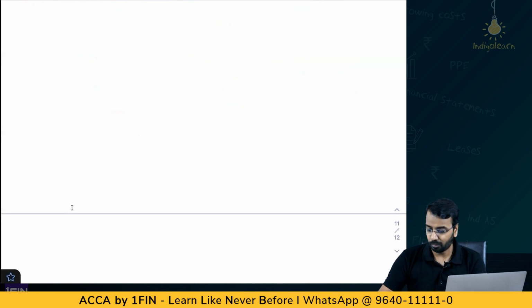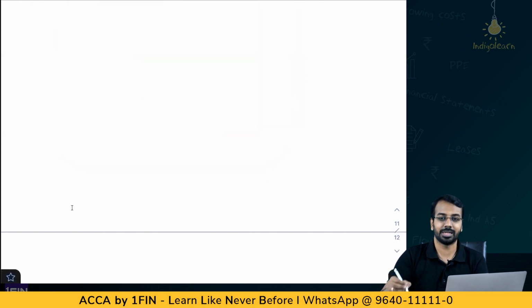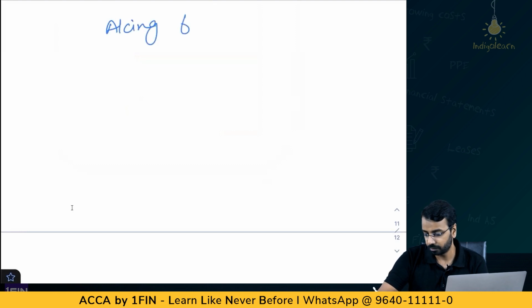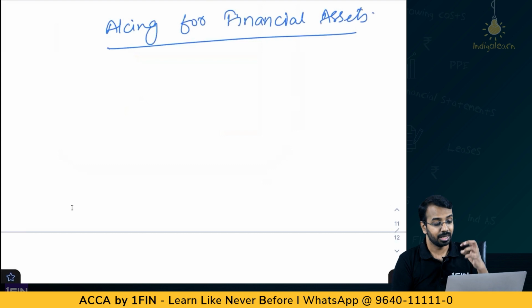Now, what we need to be very comfortable with in the given chapter is accounting for financial assets and broadly the accounting for financial liabilities. Please remember, when I say financial asset, it means we have a right to receive either cash or any other asset, or there is a favorable transaction.